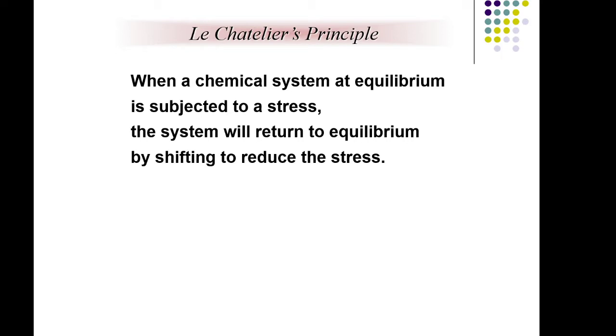What happens if we reach equilibrium, but now there's a leak in the container and we lose some of our product or some of our reactant? How will the system compensate for that loss? Or we change the temperature, or we change the pressure. How will it compensate to get back to equilibrium? That's what Le Chatelier's principle looks at.